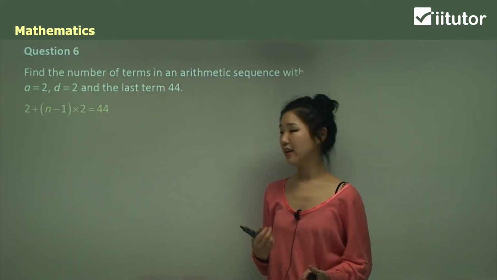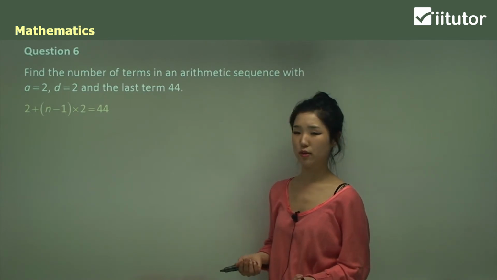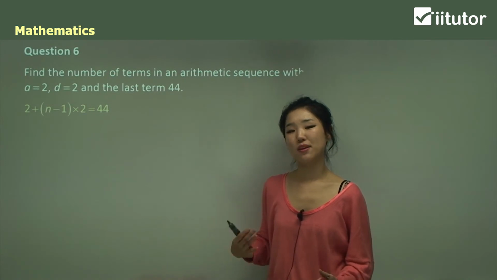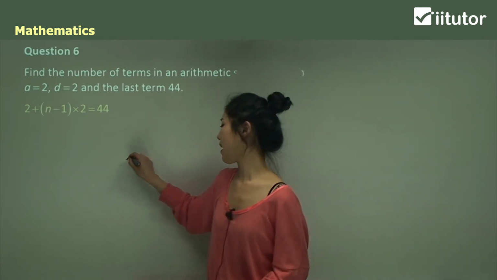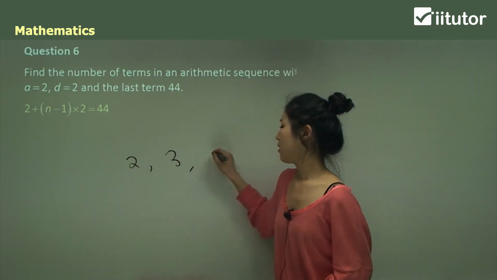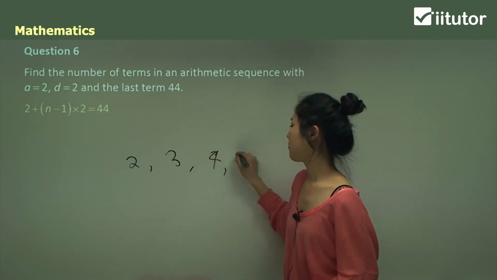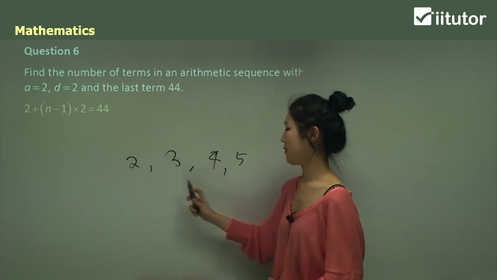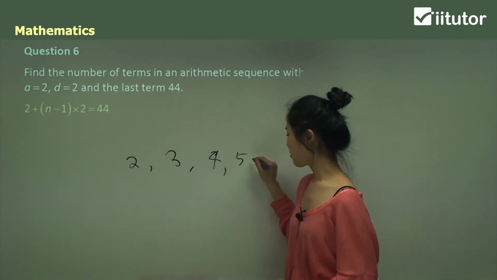But why do we let it equal 44, guys? Why do you think I just let that be equal to 44? Because the last term indicates how many terms. For example, if I had 2, 3, 4, 5, an arithmetic sequence that's pretty easy because it's just going up by 1, the last term is 5.